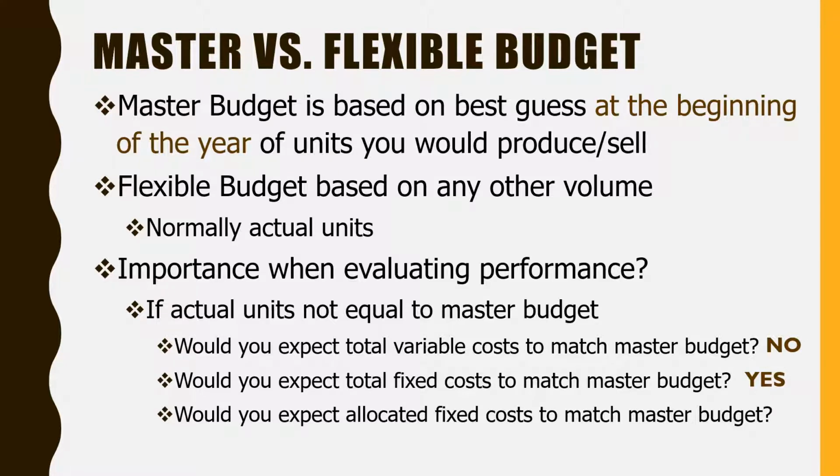So our allocated fixed costs are that rate times actual units. So if our actual units don't equal the master budget, again, by definition, our allocated will not match the master budget. So the answer there is no.